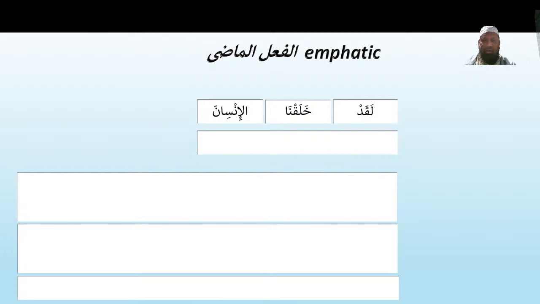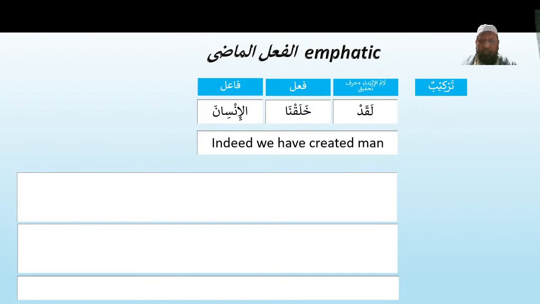Here, لقد: the lam is لام الابتداء, and the قد is حرف تحقيق. خلقنا is فعل plus فاعل, and الإنسان is مفعول به. Indeed, we have created man.